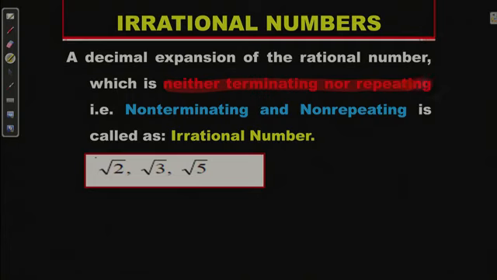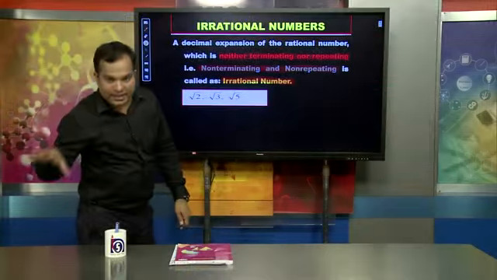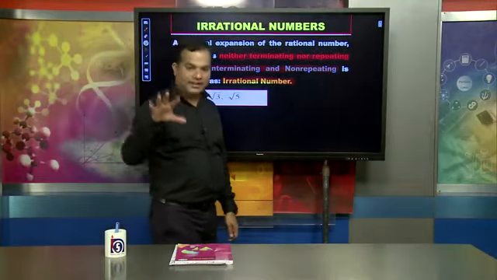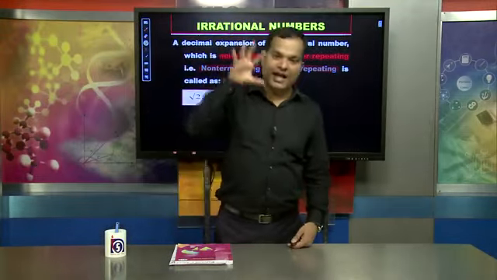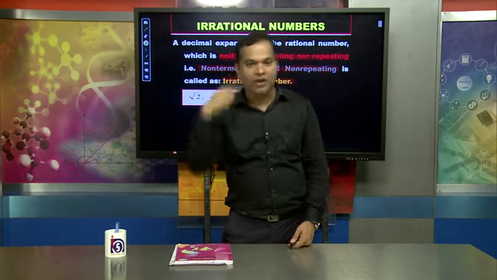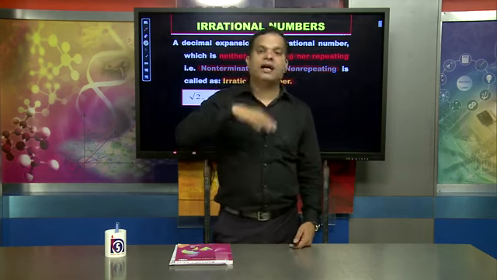So one is rational number, another is irrational number. When its decimal expansion is non-terminating, non-repeating, then we call it an irrational number.